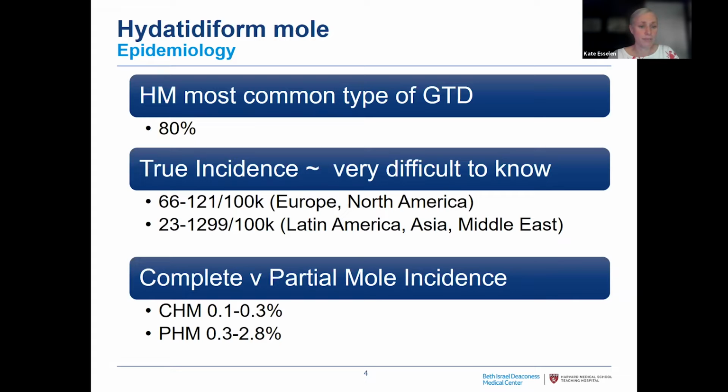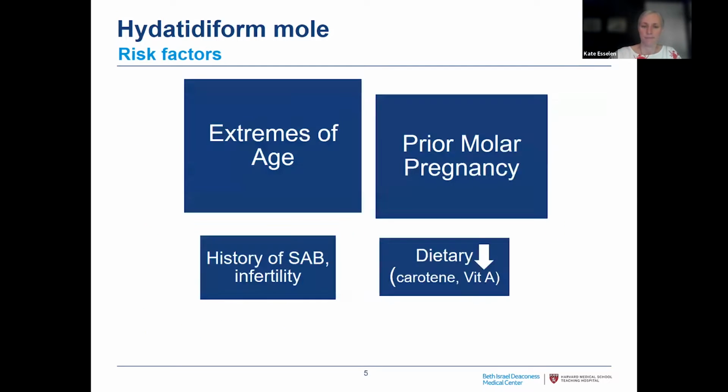A complete mole is thought to occur in anywhere from 0.1 to 0.3% of all pregnancies. A partial mole, though, could occur in up to about 3% of pregnancies.